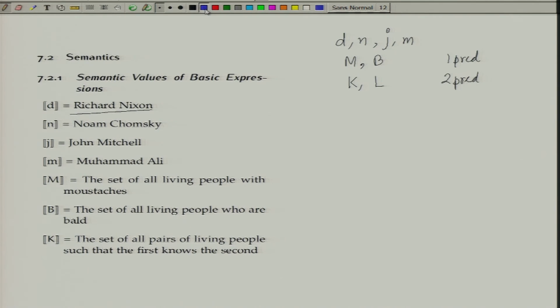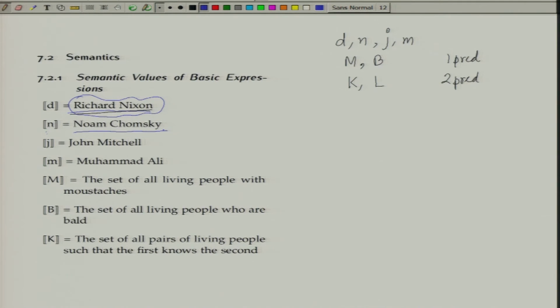Now, let us see what this means. Basically, this means that let us pretend that Richard Nixon is not a name, it is the person Richard Nixon. D is his name, and then N is a name, but Noam Chomsky is not a name, it is the real person.